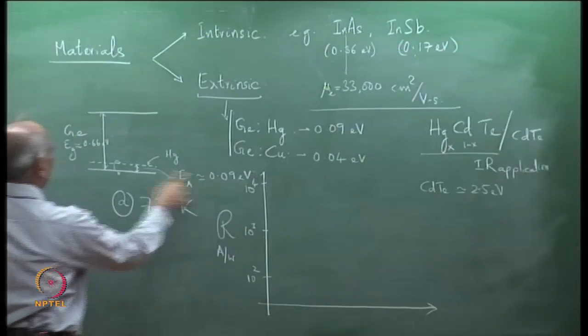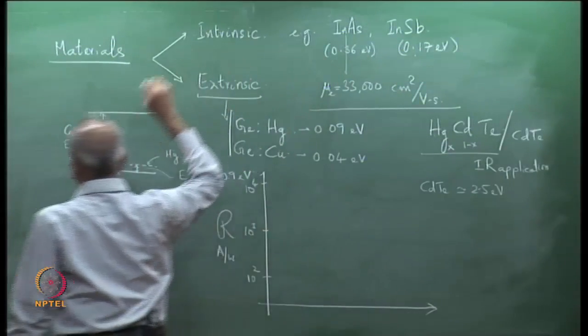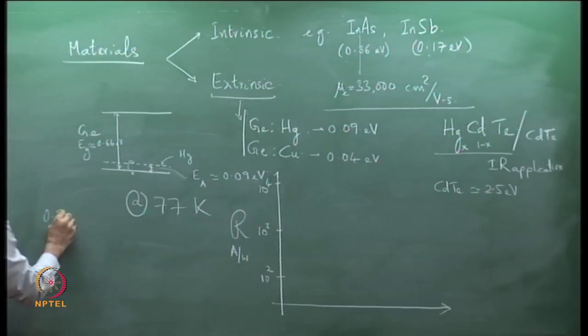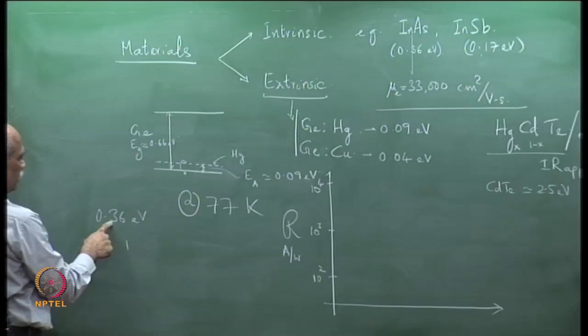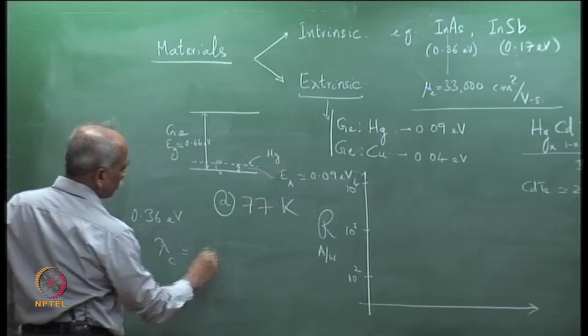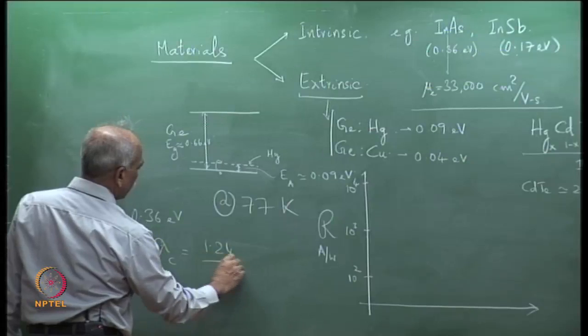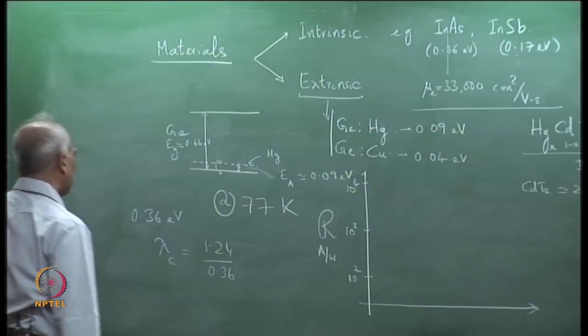You can calculate, for example, for this 0.36 eV, which means lambda cutoff, lambda c, is equal to 1.24 divided by Eg, so 1.24 divided by 0.36. How much is that?